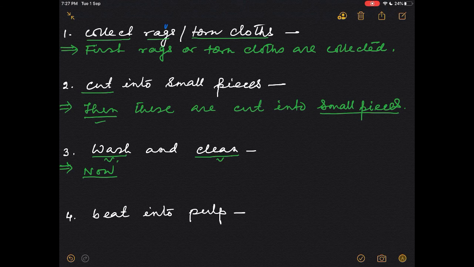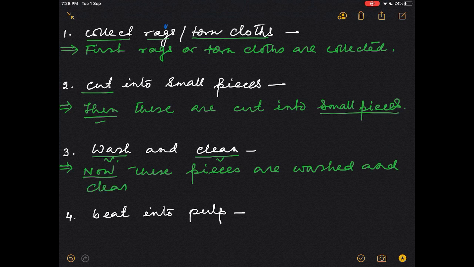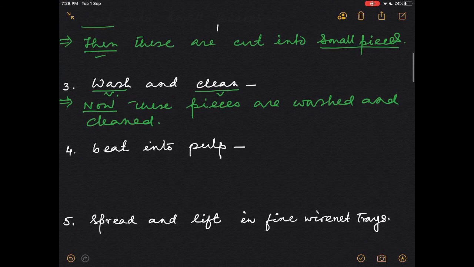Now these pieces are washed and cleaned. Okay, these pieces are washed and cleaned. Very easy sentence.